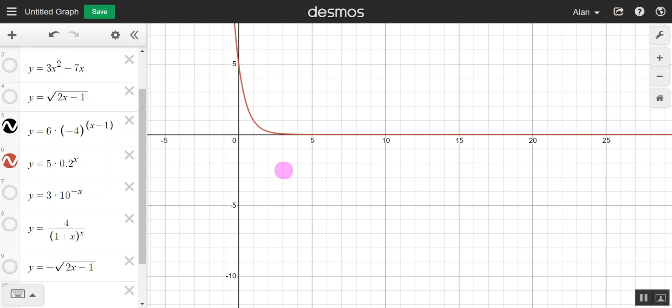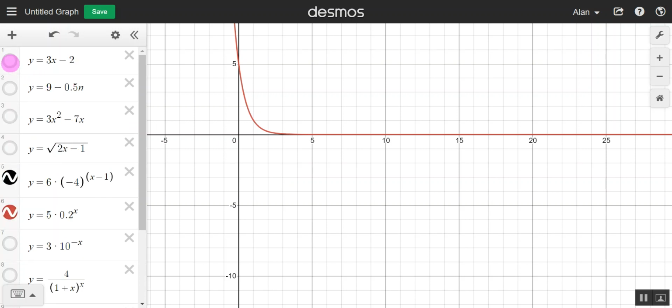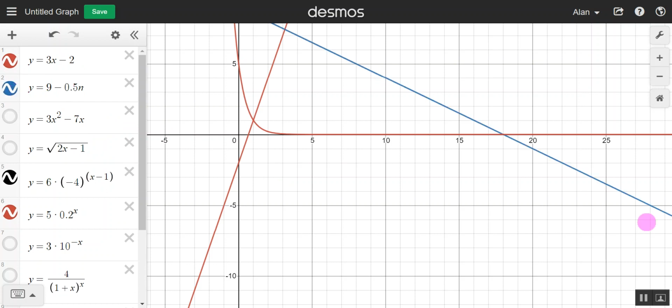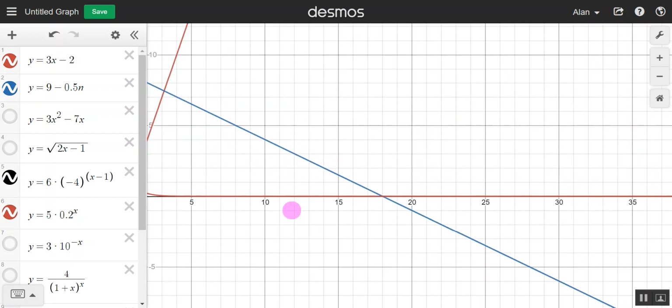Why not a linear that comes down? That has no asymptote. Okay, so we've already looked at this one. It doesn't get smaller and smaller, it gets more and more. So actually, what will the sum of a linear... Zero. Why? You'll have an infinite amount of positives and an infinite amount of negatives.